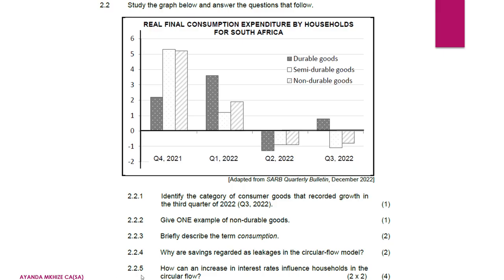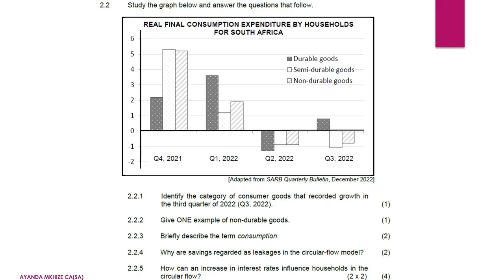Now, 2.2.5. How can an increase in interest rates influence household in the circular flow? Right. So you need to understand how the increase in the interest rate influences household in the circular flow.